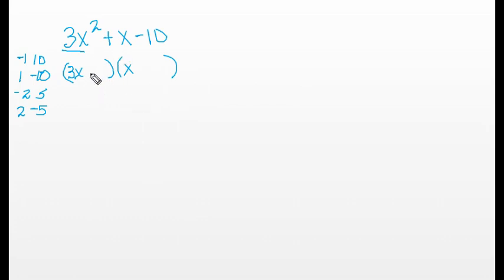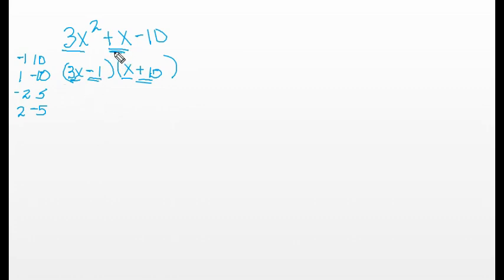For instance, if I place the negative 1 here and the positive 10 here, yes, when I multiply these two together, I get the 3x squared. And yes, when I multiply my constants, or the second terms together, I get my negative 10. But now I need to think about this middle term, my b term.